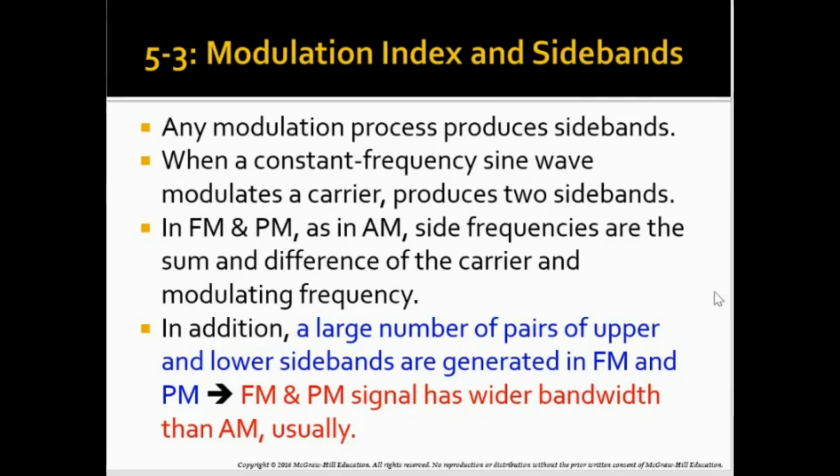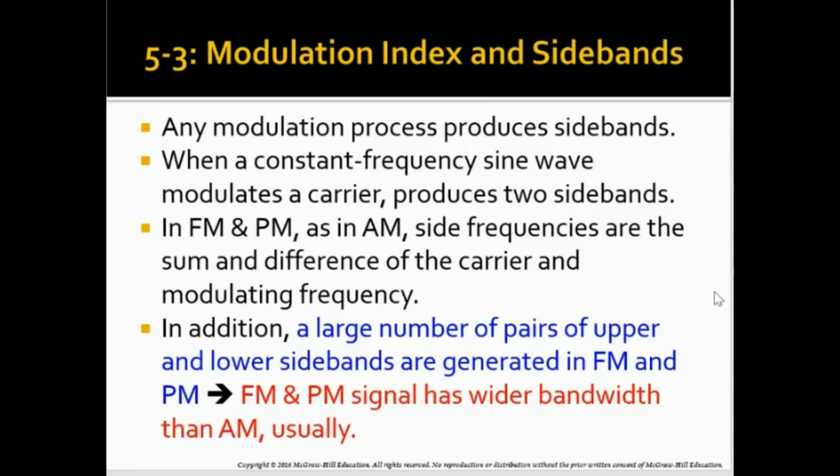Other than this, in FM and PM, we have other pairs of upper and lower sidebands. So in AM, we have only one pair, upper sideband and lower sideband.